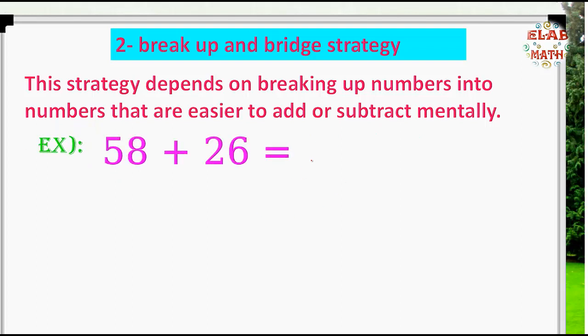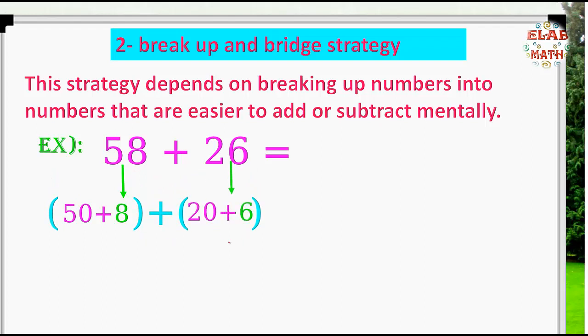I want to find the sum using the second strategy, break up and bridge strategy. We have here 58 plus 26. You should break up each number like this. Breaking up means you should write the number in expanded form. 58 means 50 plus 8. 26 means 20 plus 6.